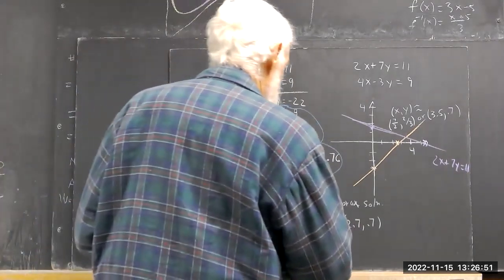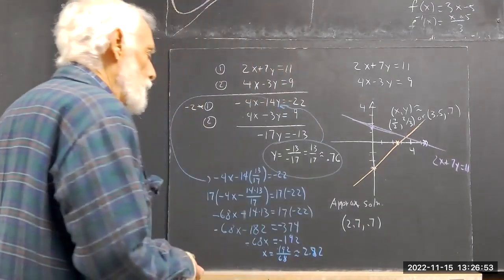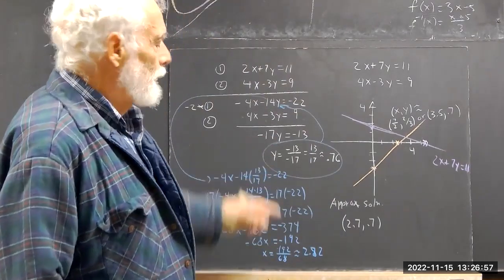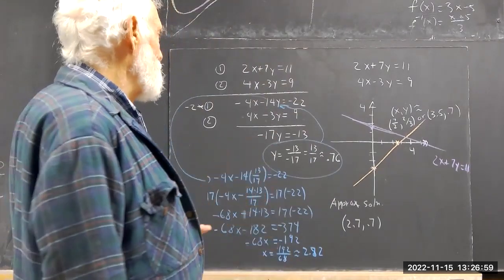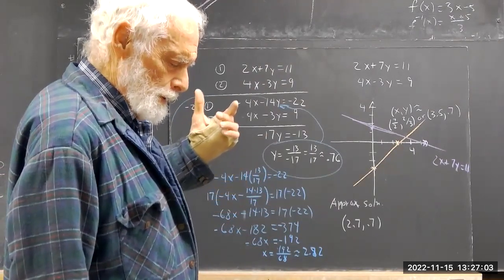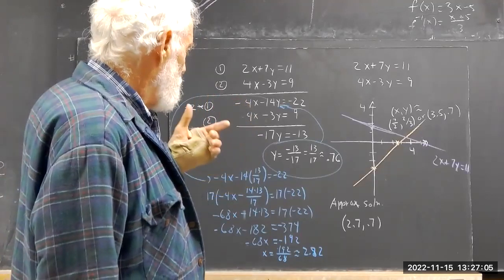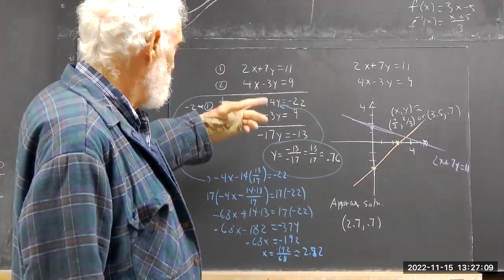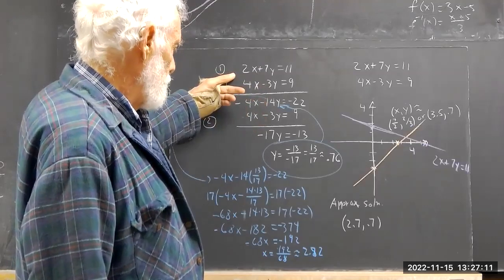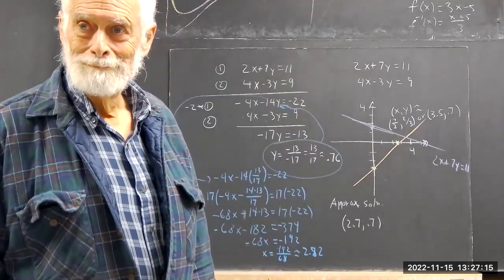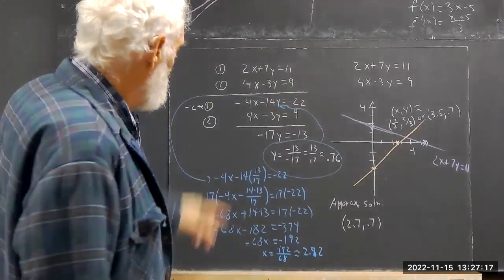Okay, if I double that, I get 5.64. 0.76 times 7 is 5.32. Okay, that's about 5.3, and 5.6. Yeah, that comes out real close to 11. Okay, I bet this works too.